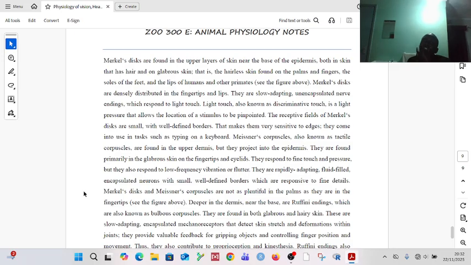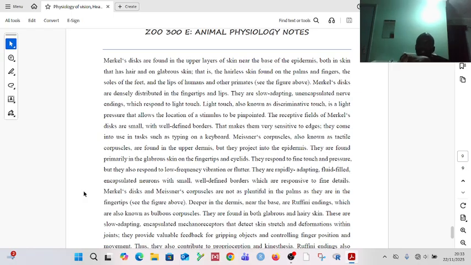The Merkel's discs are found in the upper layers of the skin, and they are present whether the skin has hair, like on the head, or the skin is glabrous, meaning it is hairless, like the inside of the hand, on your lips, in the sole of your feet. So there you will still find Merkel's discs. Okay?